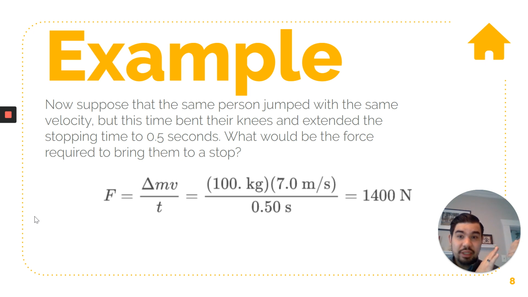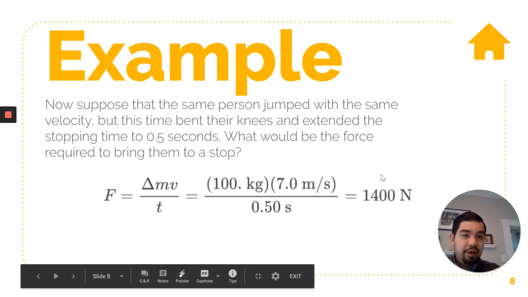Person jumping with that same velocity would probably want to bend their knees to extend the amount of time that that force is acting on the body, right? So instead of landing with your knees locked, getting that full amount of force acting on the body, you would want to bend your knees, extending the amount of time that that force is acting on the body. So basically extending the amount of time of the impulse. What that does is it ends up lessening the amount of force acting on the object, which in this case would be the person.